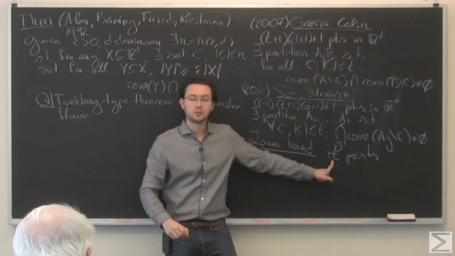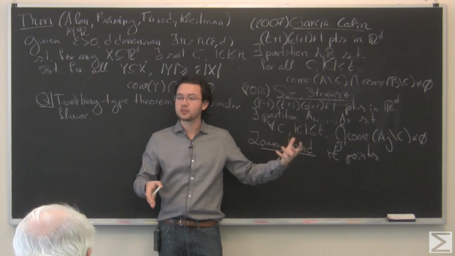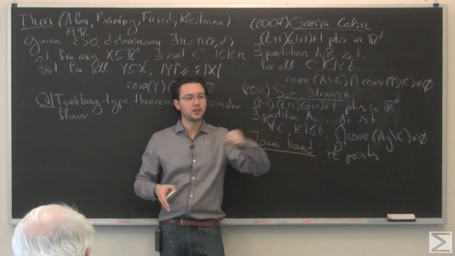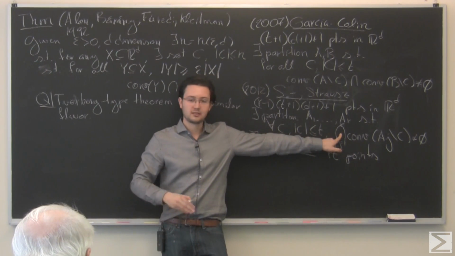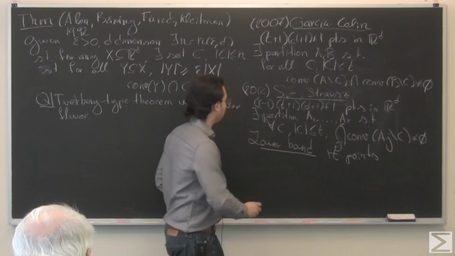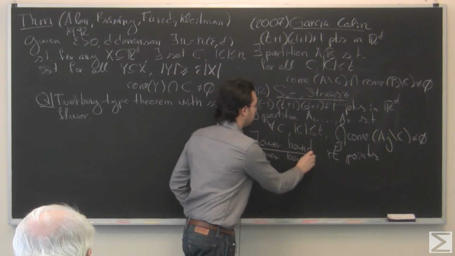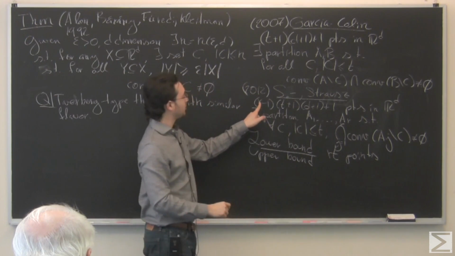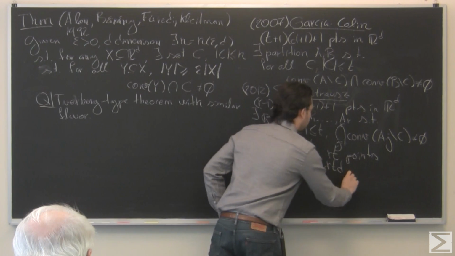Because if I give you rt points and you split them into r pieces, one of them has at most t points, and you can just remove that. It's empty. Its convex hull is empty. The intersection of whatever with that is going to be empty. Okay? So you have a lower bound of rt, and you have an upper bound, which is this one, where the leading term is rtd, which is roughly rtd points.